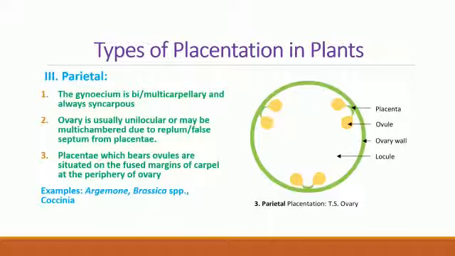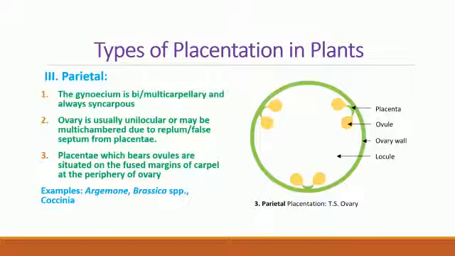Next type of placentation is parietal. As in axial placentation, the gynoecium in parietal placentation is also bi- to multicarpellary and always syncarpous, as shown in the figure. The ovary is usually unilocular or may be multichambered due to the replum or false septum which is formed by the placentae.